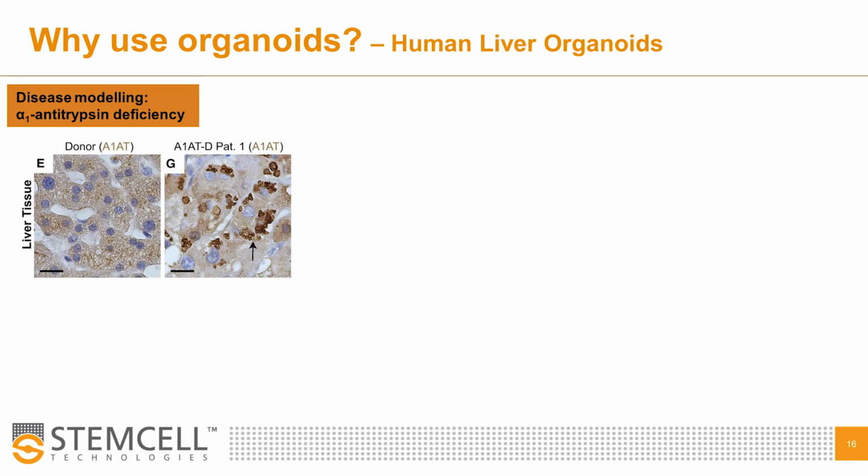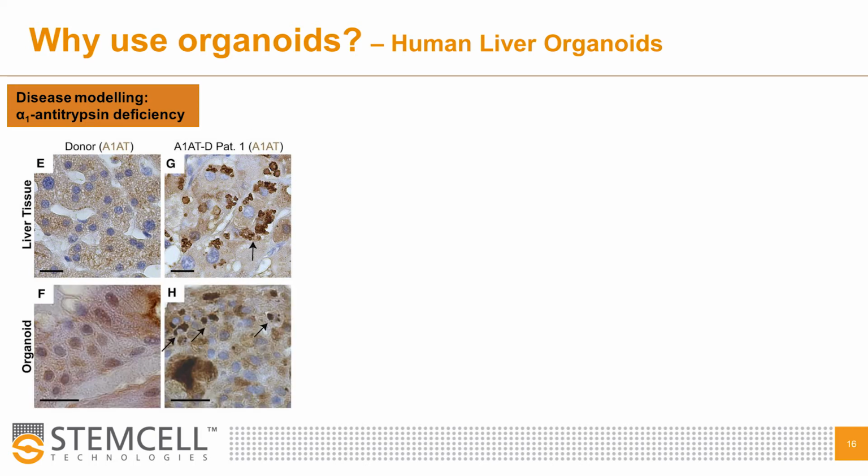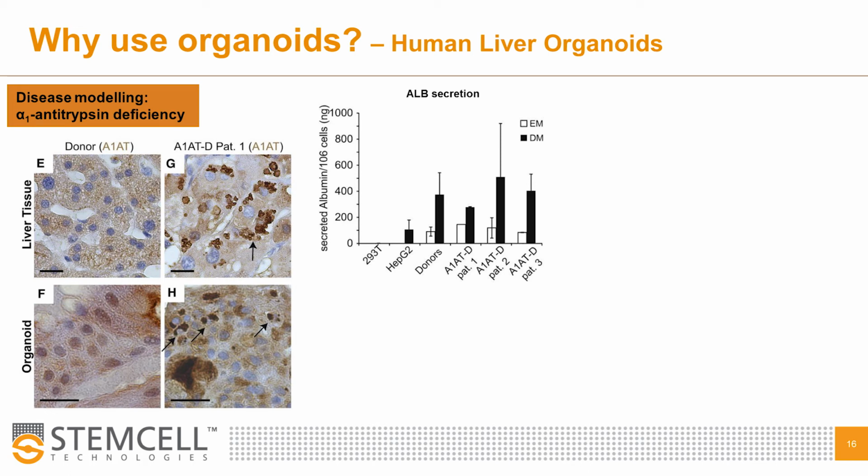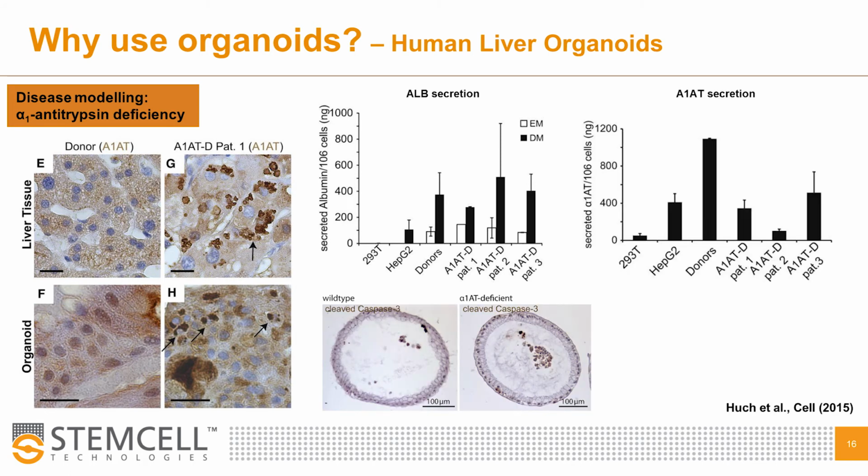An example studied in this publication was the genetic liver disease alpha-1 antitrypsin deficiency, which leads to liver fibrosis and cirrhosis in vivo. The differentiated organoids derived from the liver biopsy of an alpha-1 antitrypsin deficient patient were seen to exhibit many key characteristics observed also in patient tissue, including intracellular alpha-1 antitrypsin protein aggregates, protein secretion patterns, ER stress, and apoptosis.